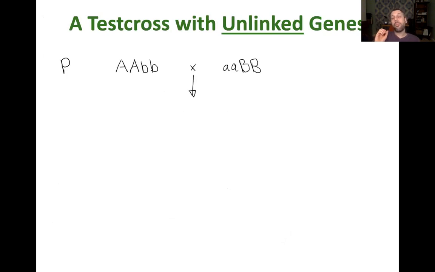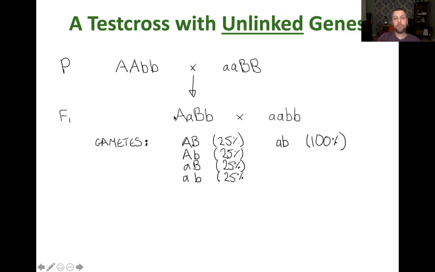So if two genes are not linked, let's look at what happens during a test cross. So same example I just showed you. We're going to take these two parents, we're going to mate them together to give us this F1, a dihybrid animal. If I asked you what gametes this guy could make in an unlinked situation, you would give me all the combinations, right?